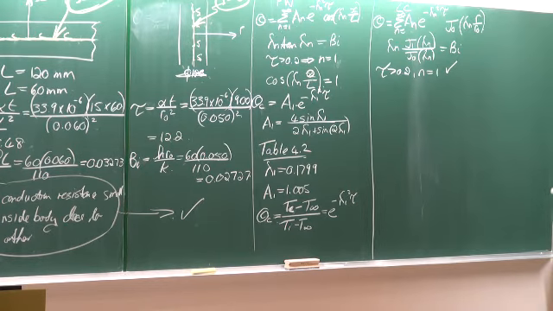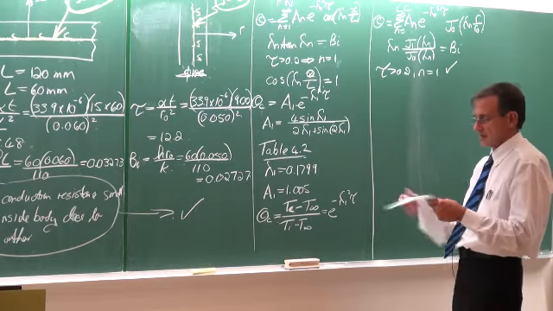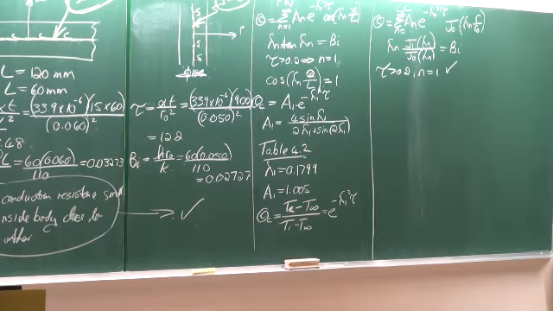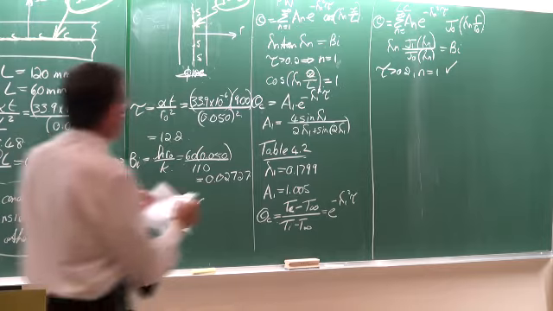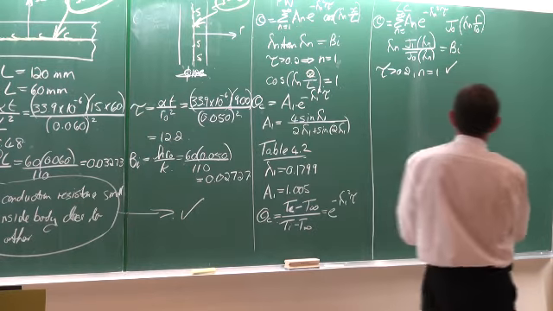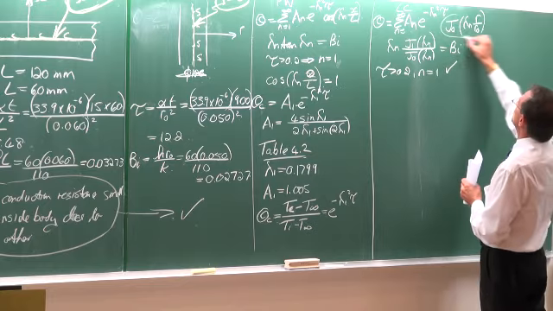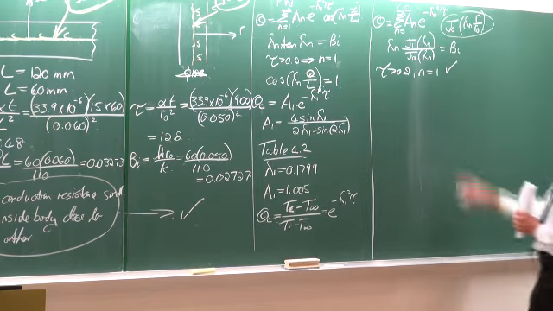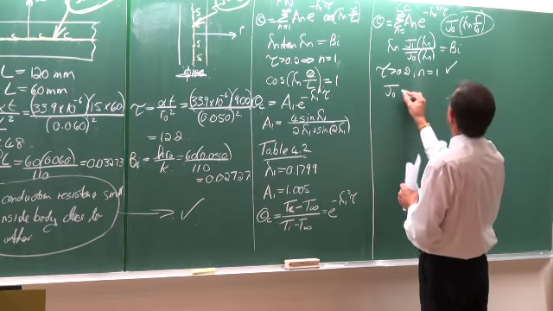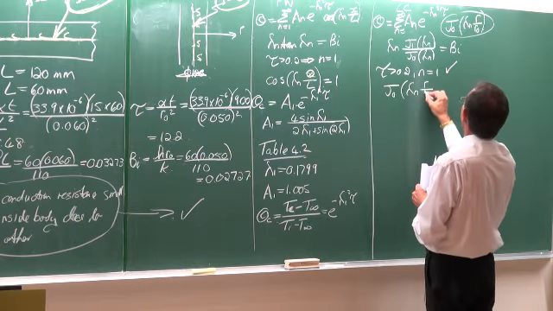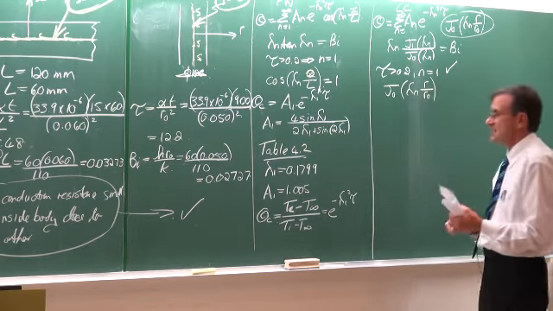Okay. And let's see how we can make things a little bit easier. We can make it easier by looking also at this term there. J0 multiplied by lambda n multiplied by r divided by r0.